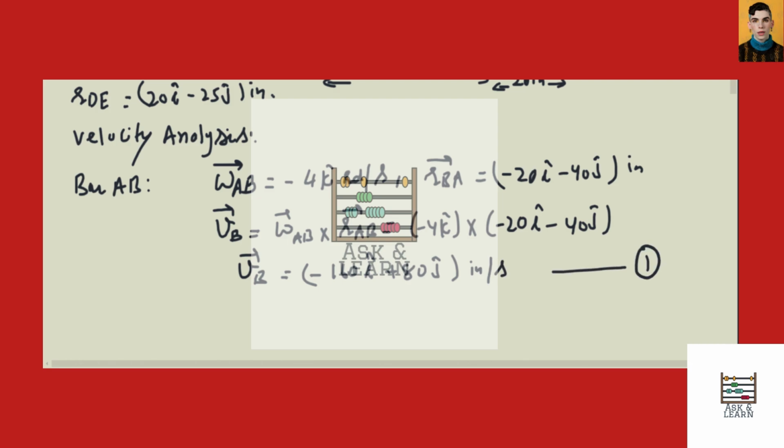Now for bar BD, if we analyze bar BD, the angular velocity of BD is omega BD k cap.